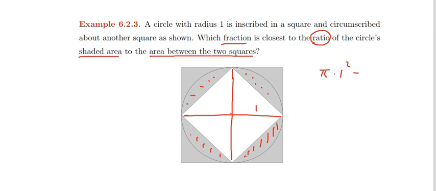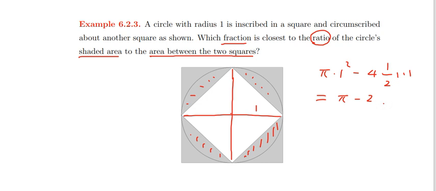We can regard it as 4 of this large triangle, right? 4 large triangles, and each large triangle is half of 1 times 1. So this area is pi minus 2, right?